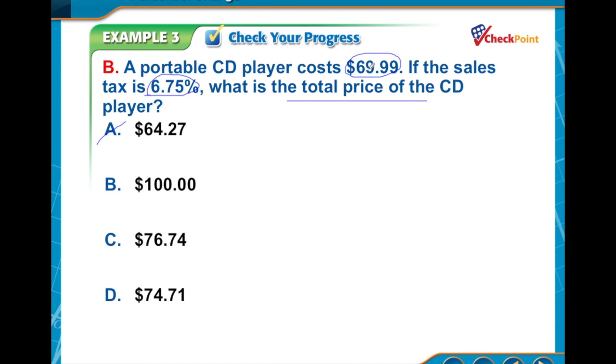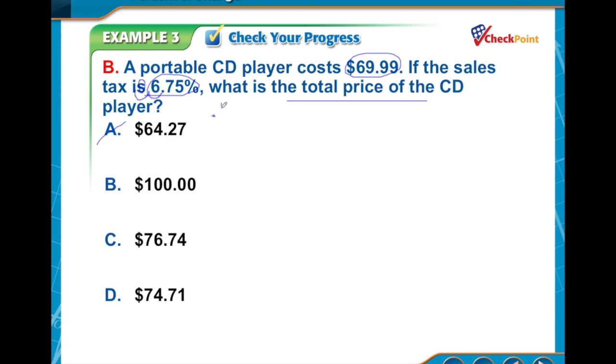6.75% of $69.99. Well, to find that, we need to turn this 6.75 into a decimal. And I already told you to do that, you move the decimal over 2 units. So you can move it over once and get 0.675, and twice would give us 0.0675.